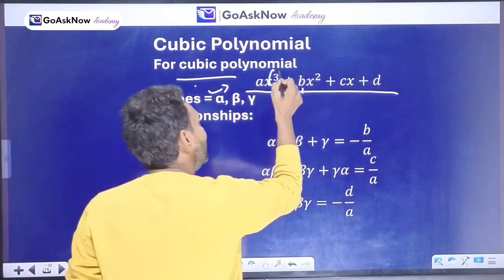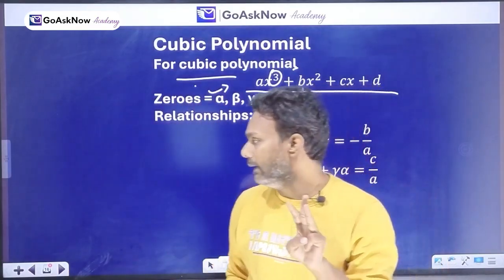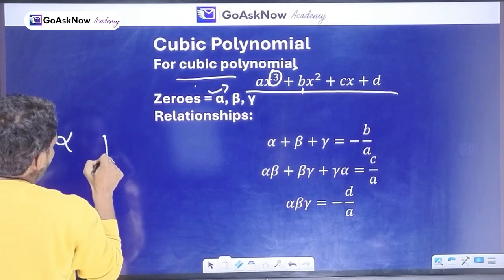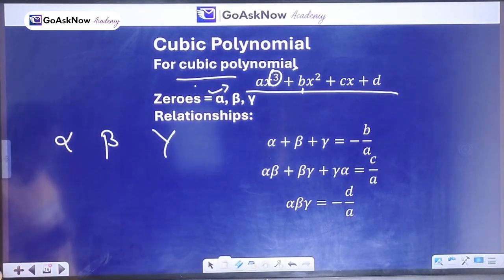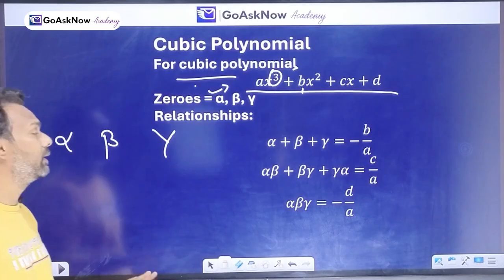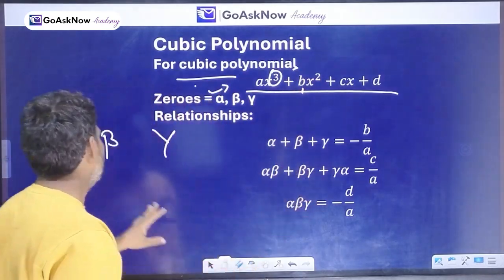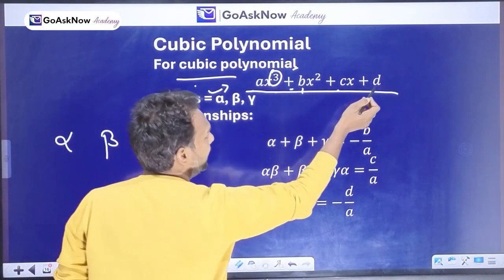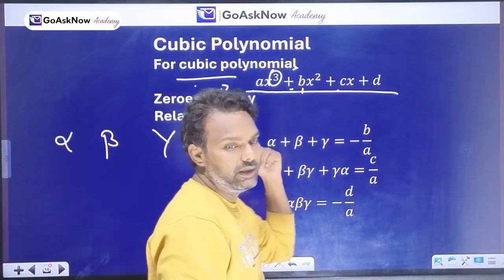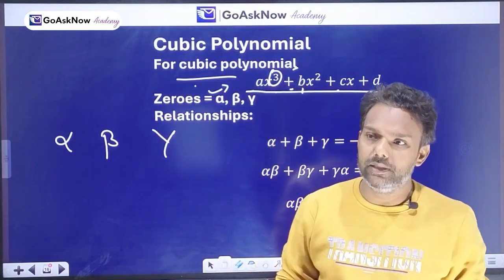Since the degree is 3, we will get 3 roots, and the roots are alpha, beta and gamma. a, b, c, d are constants of the equation. Alpha, beta, gamma are the roots of the equation.